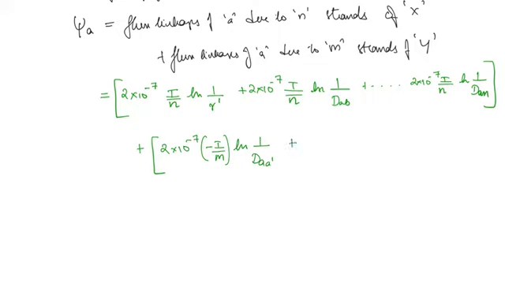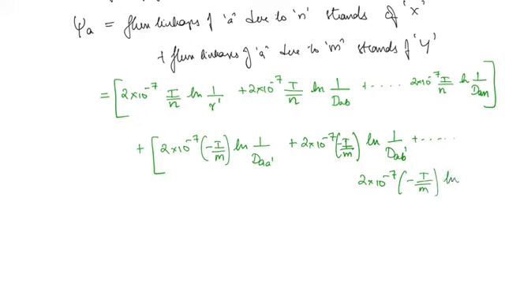Then plus 2 into 10 to the power minus 7 minus I by M ln 1 by DAB dash, the flux linkage due to B dash, and so on till 2 into 10 to the power minus 7 minus I by M ln 1 by DAM dash. So this will be the total flux linkages.